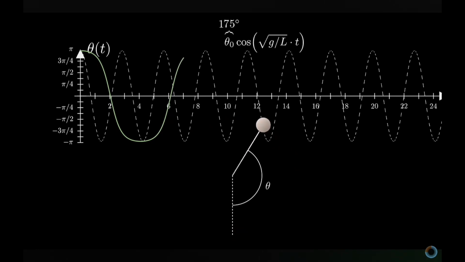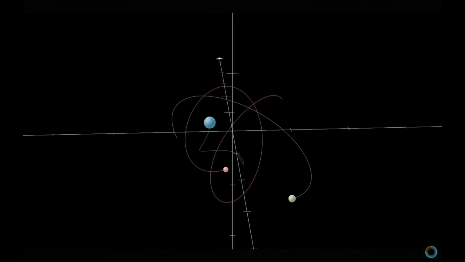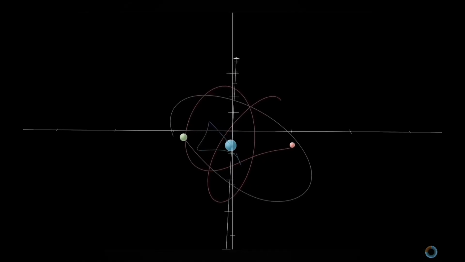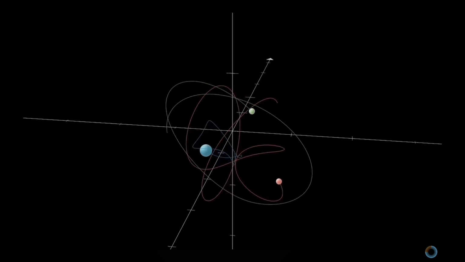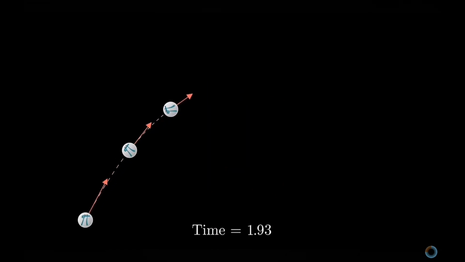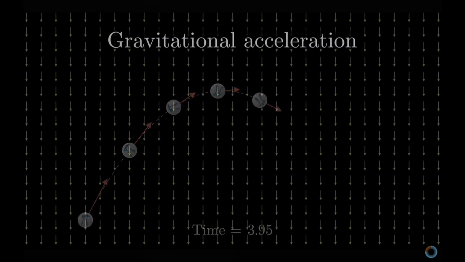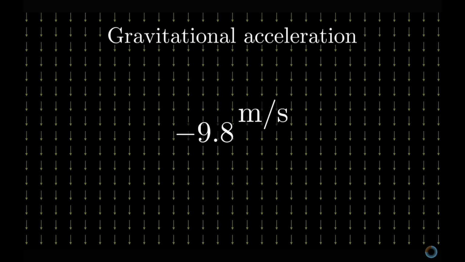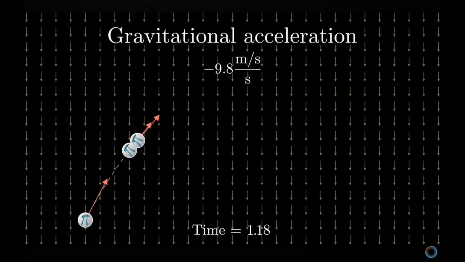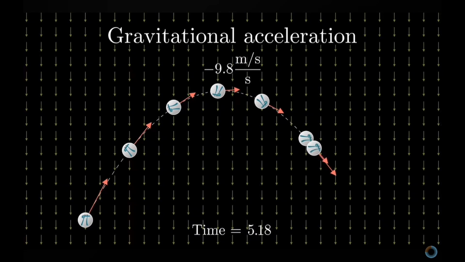ODEs are crucial in modeling and solving a wide range of problems in science and engineering. For example, we have here this gravitational acceleration graph, and they can also be used to solve real-world problems such as population growth, RC circuits, Newton's law of cooling, and also simple harmonic motion.